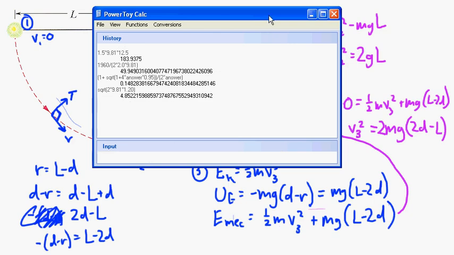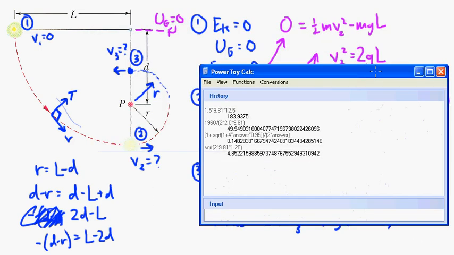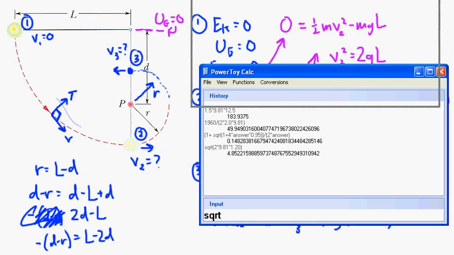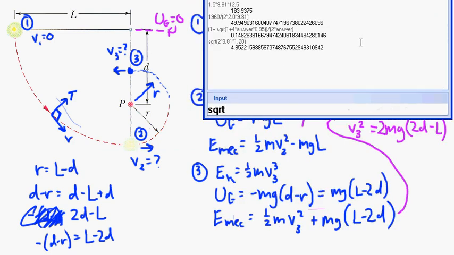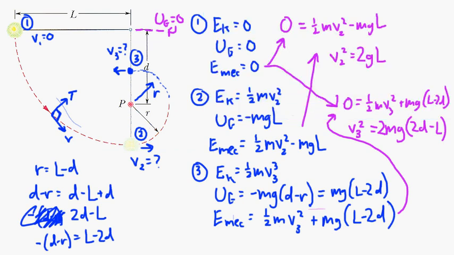Let's go ahead and plug that in. Square root of 2g times... sorry, my bad, we canceled out this m, so the m should be gone. 2g times, that's a little better.